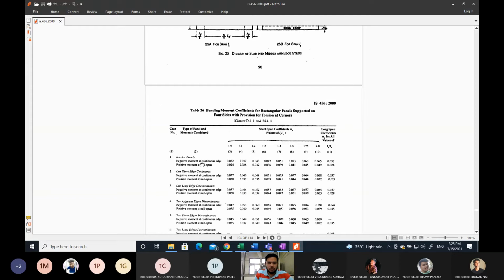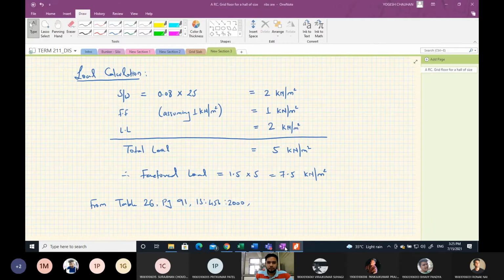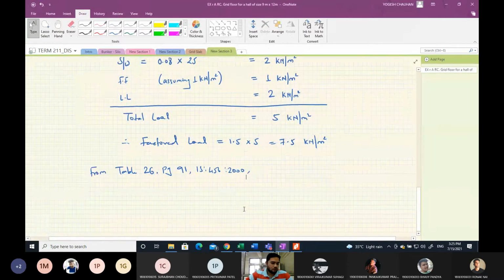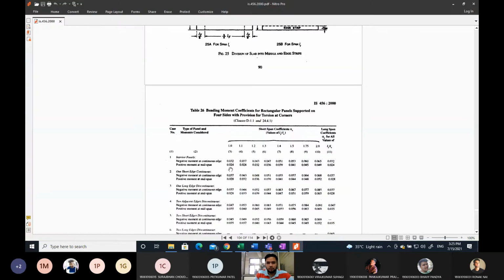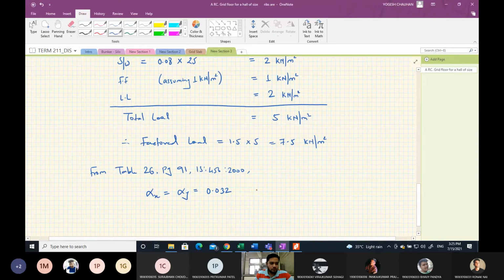This value is the negative bending moment at continuous edge, alpha x equals alpha y equals 0.032. It is the same for both x and y direction. You can see for longer direction 0.032, for shorter direction also it is 0.032. That is for the case of negative bending moment.